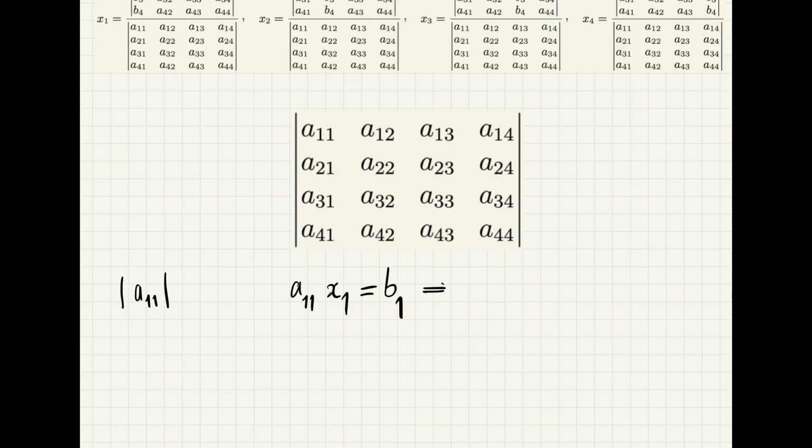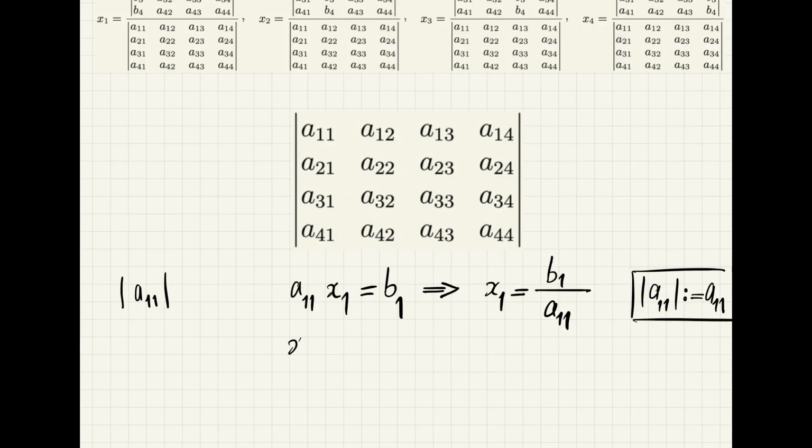So when I solve this, I will get x1 is equal to b1 divided by a11. And as before, I take the denominator to be the definition of this 1 by 1 determinant. So I will define this object, determinant of a11, to be equal to the entry itself. So that would be a reasonable definition.